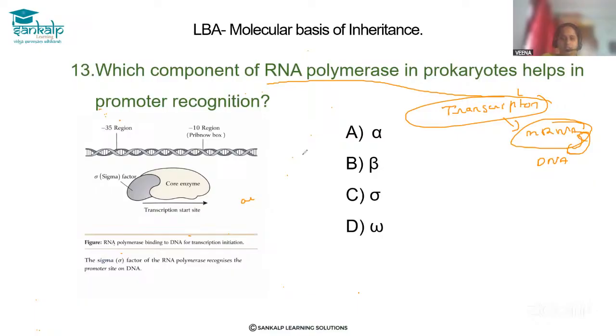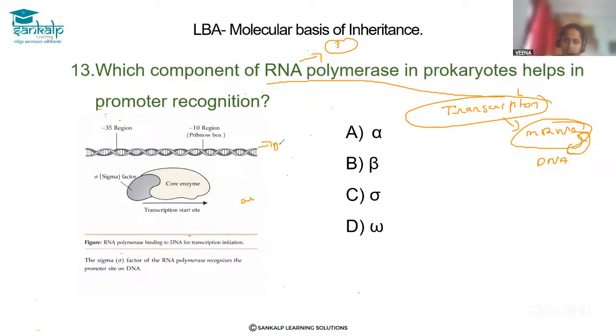So that is the transcription process. So in the transcription process, three RNA polymerases are involved, right? So in that, the RNA polymerase in prokaryotes, which region helps to recognize the promoter sequence, they are asking.